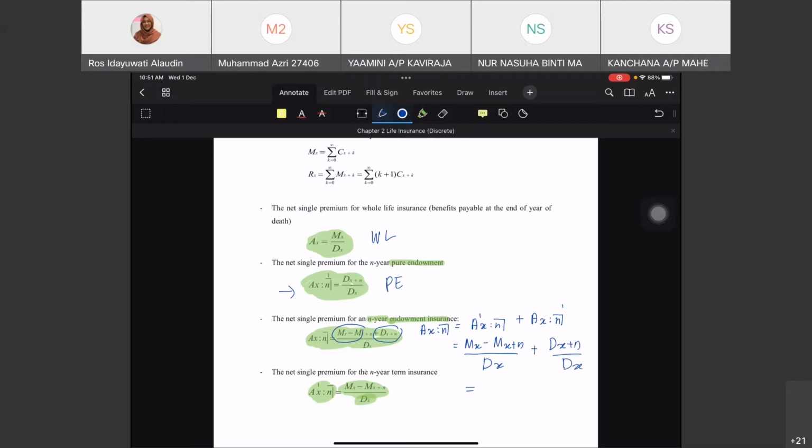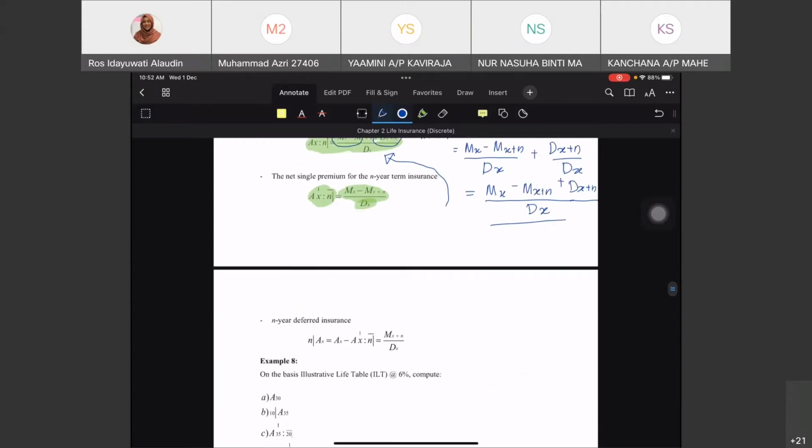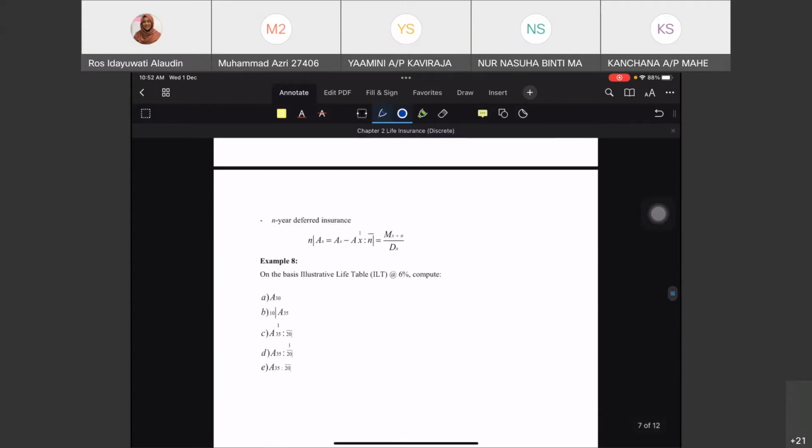Since we have the same denominator, we can straight away take Mx minus Mx plus n plus Dx plus n over Dx. So that's why we have this. It is a combination of term and also pure endowment.